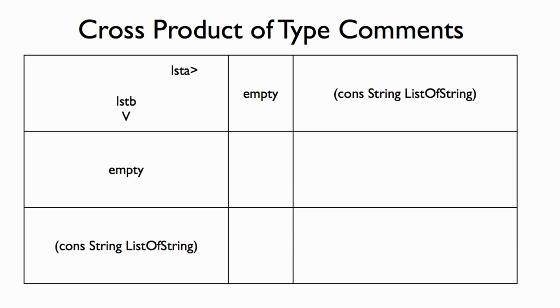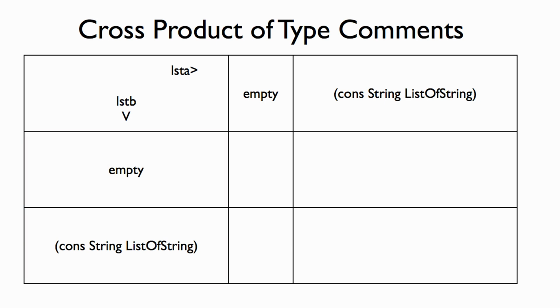This is called a cross product of type comments table. It works for two arguments. And the idea here is that I'm describing the type of argument A across the top, and I'm describing the type of argument B down this column. You could do it the other way. The important thing is just to label which is which. So I've got A across the top and B down the side.